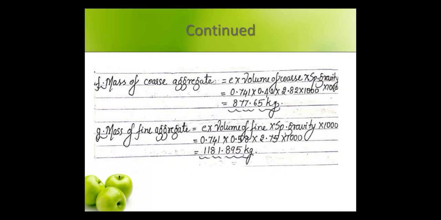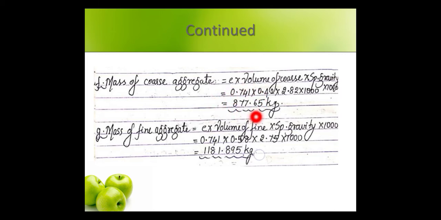Next one is mass of coarse aggregate. Already we have found out volume, so here you need to calculate the mass, because still we have not got the mass, but remaining all we had got in terms of mass. So coarse aggregate and fine aggregate we had not got in mass, so you need to calculate that. Whatever the volume of all in aggregate is there, that you have to multiply into volume of coarse aggregate into specific gravity into 1000.